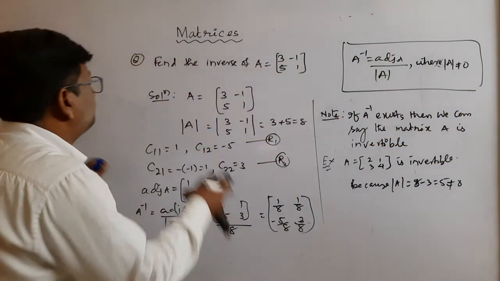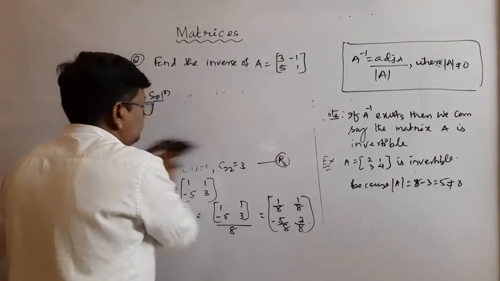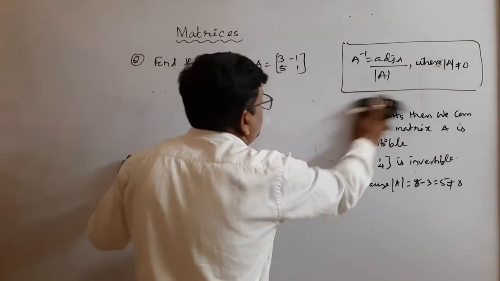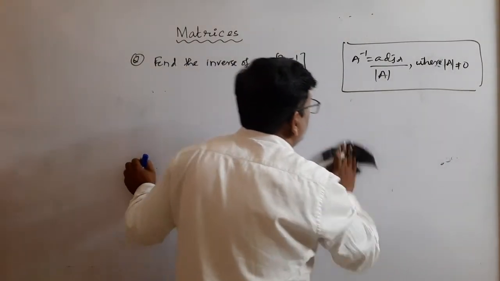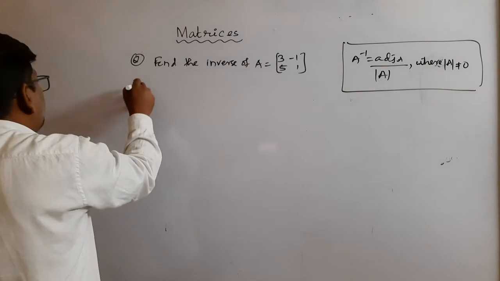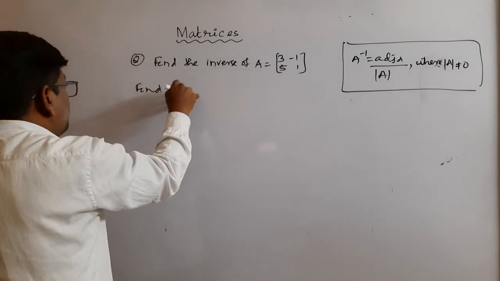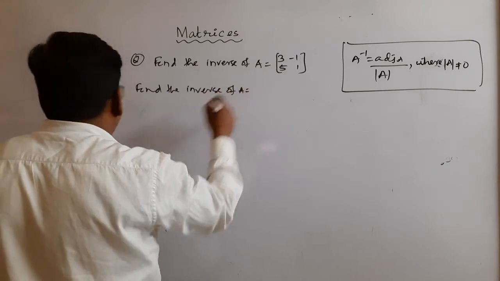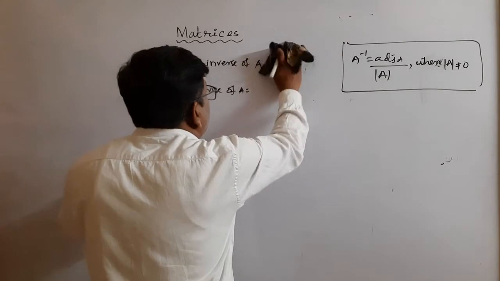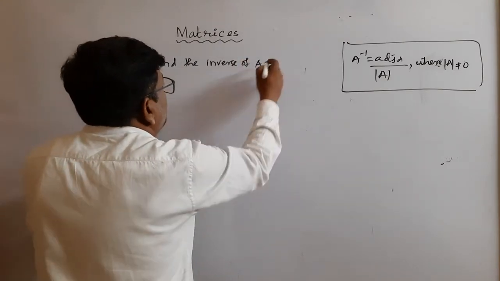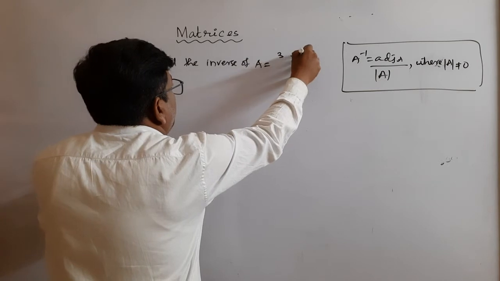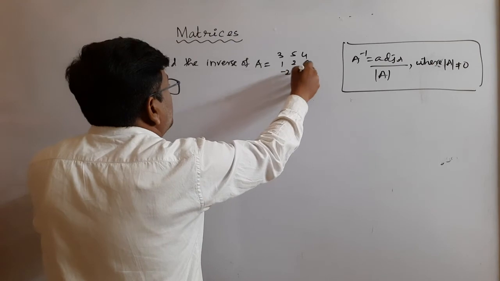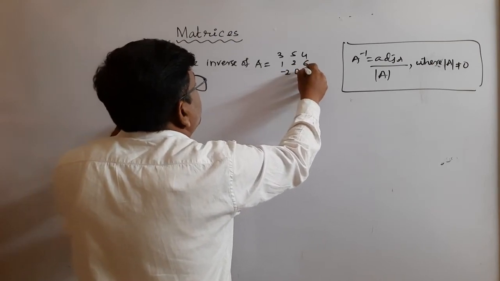So now how to find the inverse of a third order matrix? Find the inverse of A is equal to 3 5 4 1 2 6 minus 2 0 5.